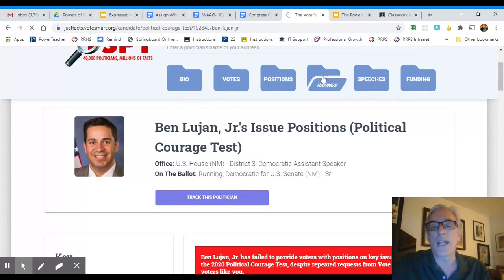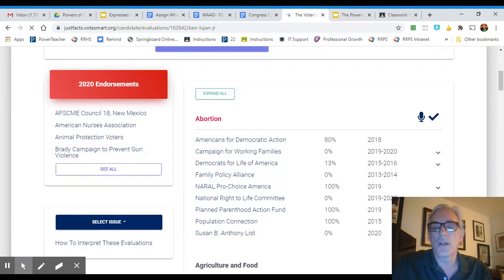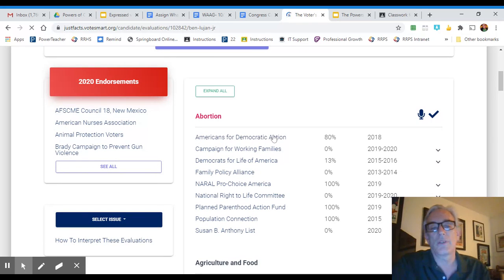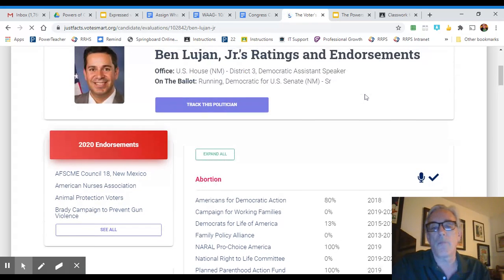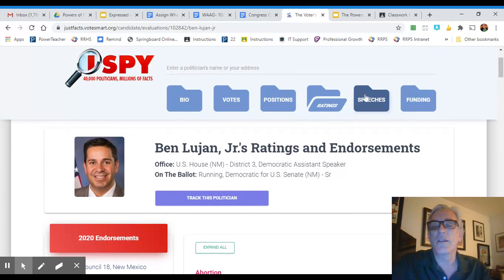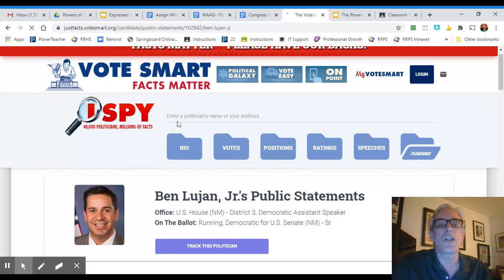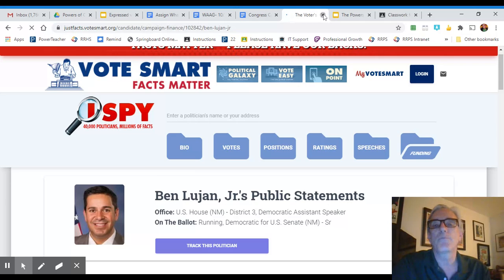It also has ratings by people who endorse candidates. So he's 80% from the Americans for Democratic Action. Here are some speeches that he's given. Here's funding. Where does he get his money? Always follow the money. And this will have some information about each of those candidates. That's what this website does.